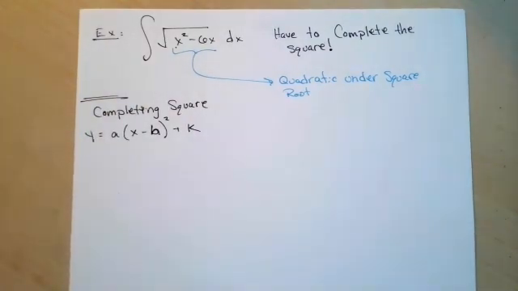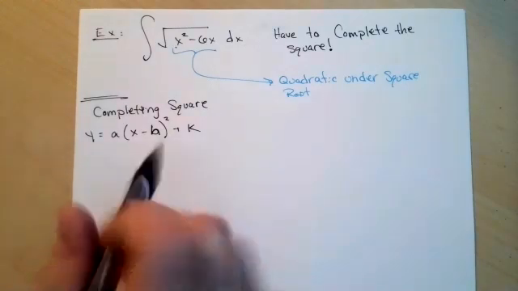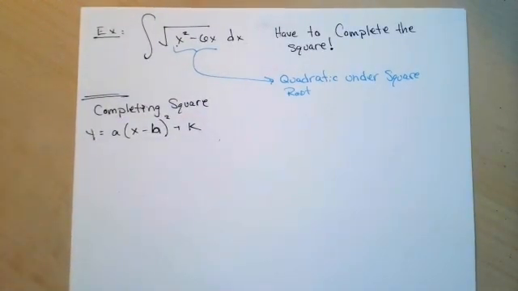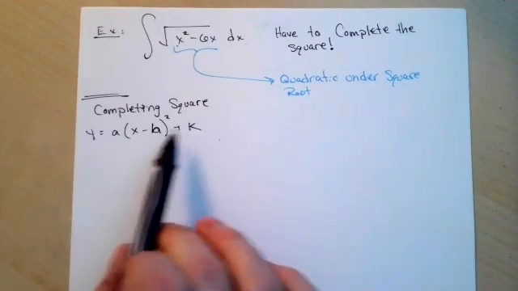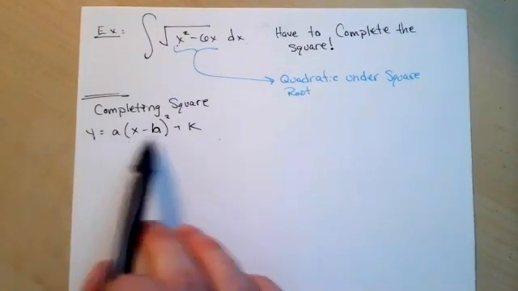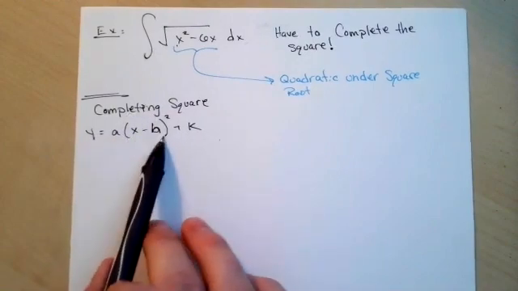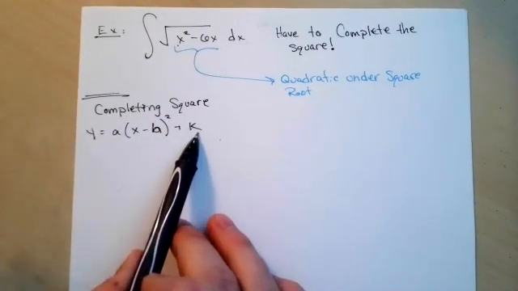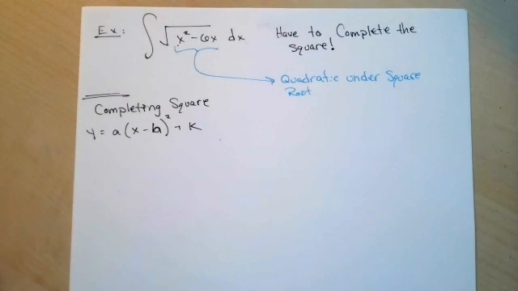All the way back from pre-calc, our vertex form of parabolas looks something like this. And the nice thing about that is, of course, we can identify the vertex. And in our case, we have a difference of squares: something squared plus a constant or minus a constant.